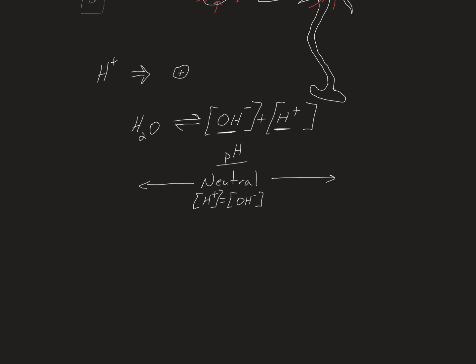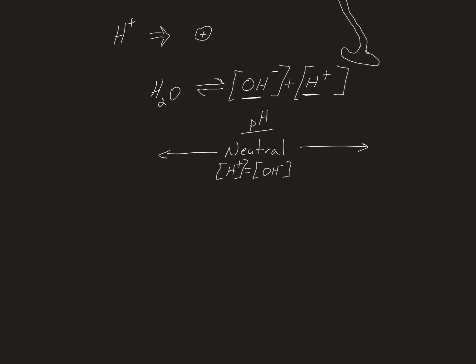We call it neutral. When the hydrogen ion concentration is high, I'm going to do that with an up arrow, we say it has a low pH. So this whole region from neutral, which is 7, all the way to 0, we call an acid.